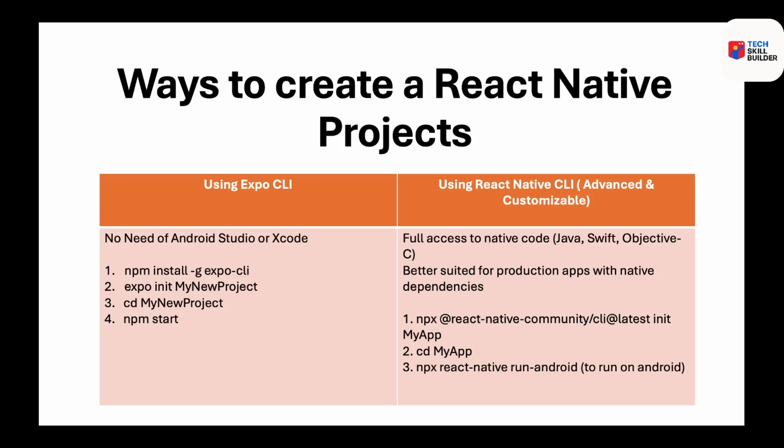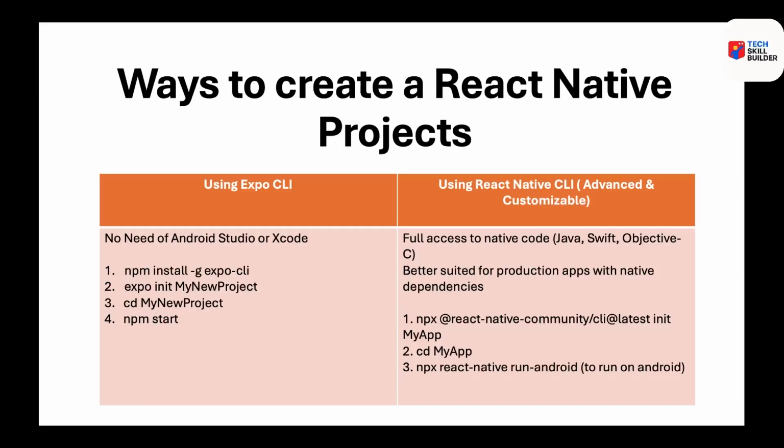So we'll see the Expo CLI installation process. You need to install it with the command npm install -g expo-cli. Then expo init your project name, cd into your project name, and npm start. It will start your application on the web.